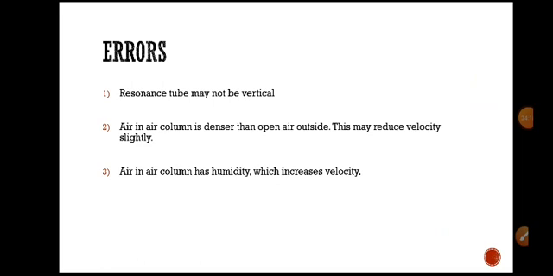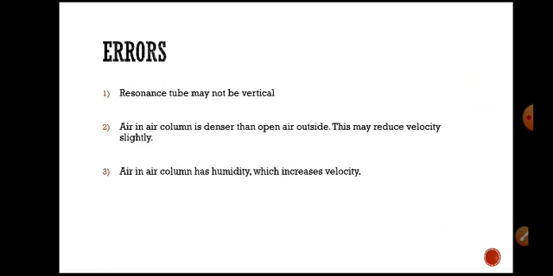And then the errors occur. How do errors occur in this experiment? First, the resonance tube may not be vertical. If the resonating tube is not exactly vertical, then you will get wrong answers or errors. And the air in the air column is denser than the open air outside.